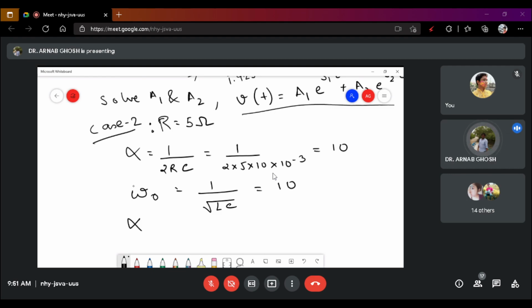So alpha is equal to omega 0. First you calculate this. So this is the critically damped condition. This is the critically damped case. So in the critically damped case, your S1 is equal to S2, and this will be equal to minus alpha, that is equal to minus 10.